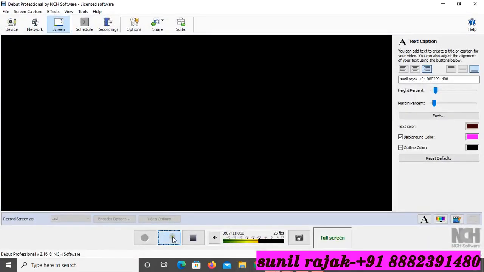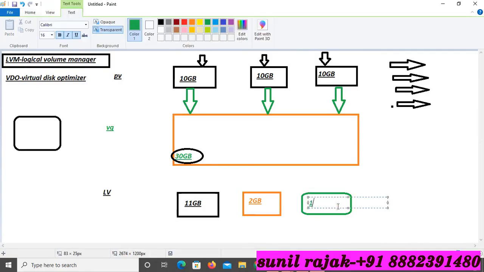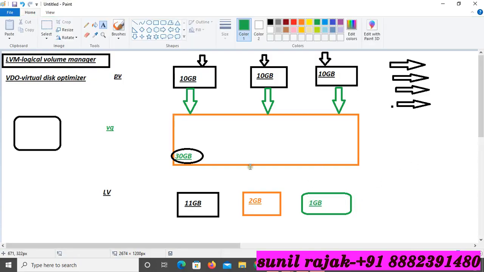Suppose your finance department wants only 1.5 GB or 3 GB, according to this. So I'm giving here 3 GB, 1 GB. Easily, with the help of the volume group, you can assign individually what they want, particular space.